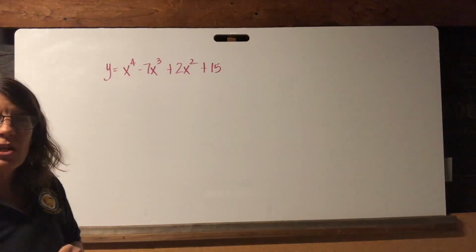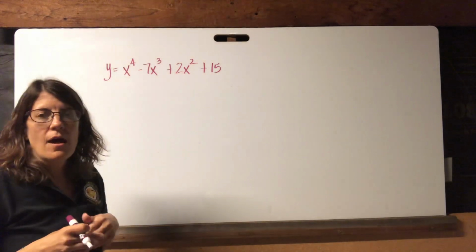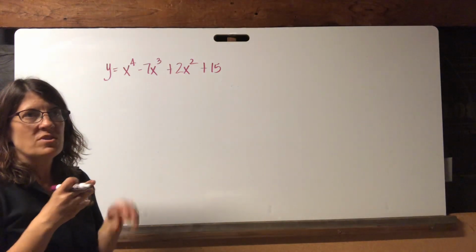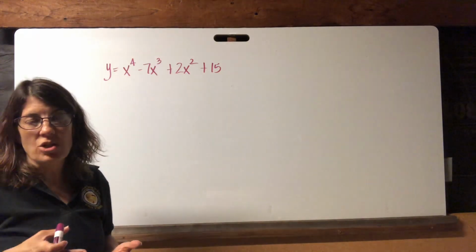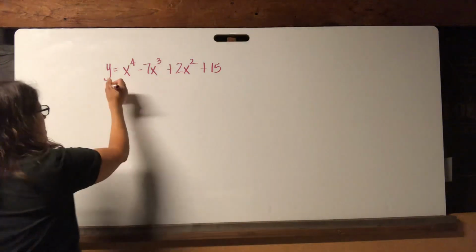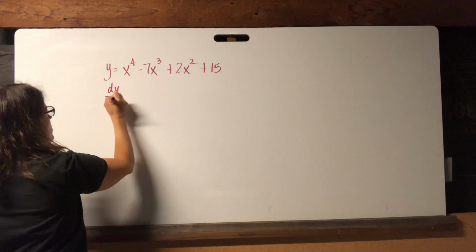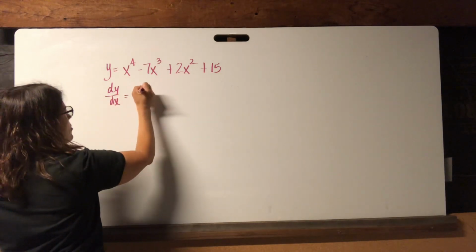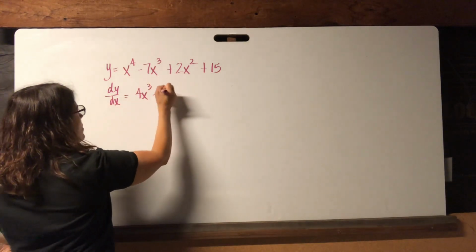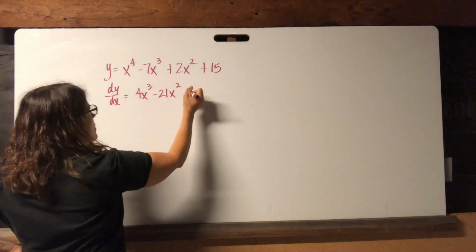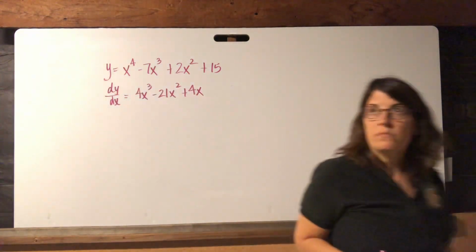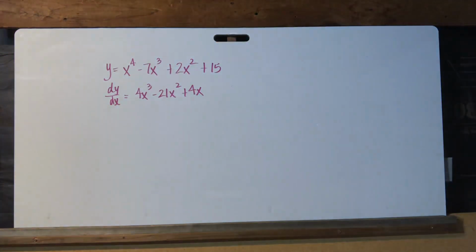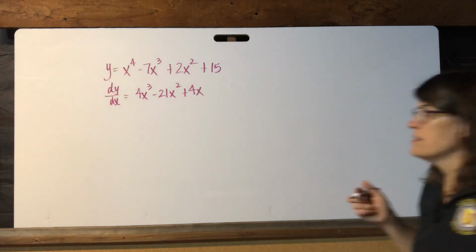Same thing, I want to know where the slope of the tangent line is going to be 0. So first thing I'm going to do is find my derivative with the power rule. And then I want to know where this is 0.